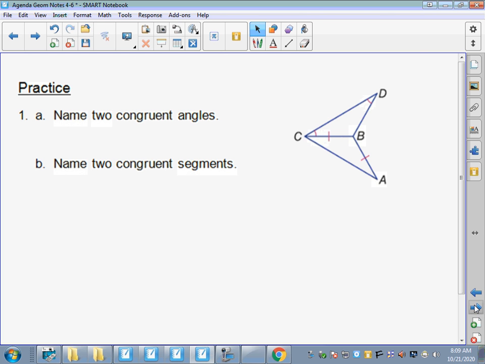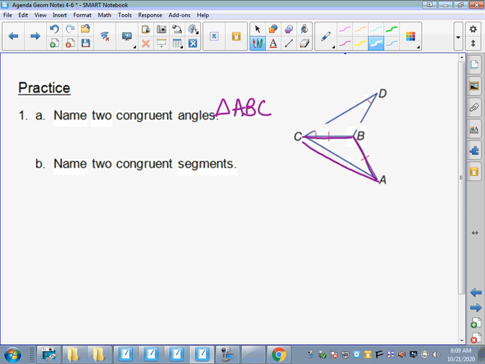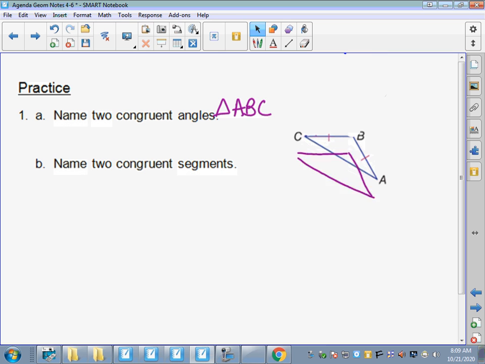So if I asked you in this bottom triangle, I'll call this triangle ABC, to name two congruent angles in triangle ABC, hopefully you can block out this part, put a little piece of paper or a sticky note over it. If I just look at triangle ABC, I see that side BC is congruent to side BA.